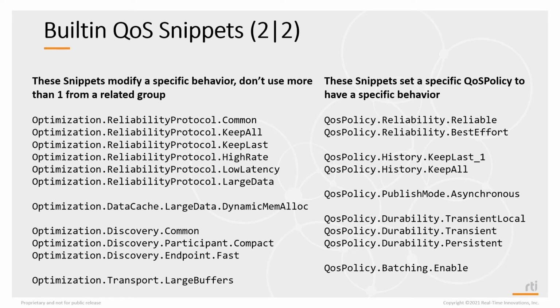Fundamentally, some of these QoS snippets are very simple. They only modify one parameter of a particular QoS policy, so you don't really need it. But if you don't know what QoS parameter to modify, then you could just use these QoS snippets to help build your final user QoS policy or QoS profile.